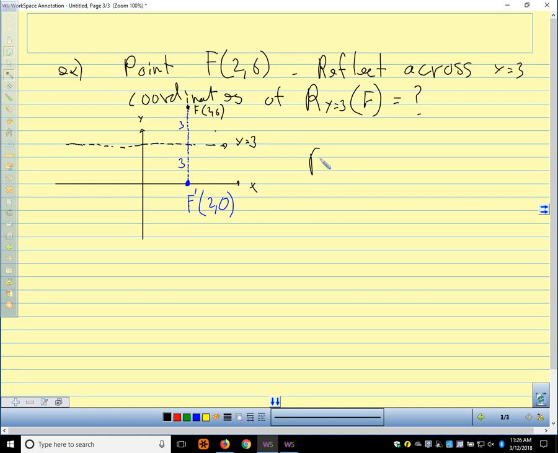So I would say the reflection across the line y equals 3 of 2, 6 is 2, 0. And if you chose to, on your project, reflect your figure across the line y equals 3, you would do this process to all your different points.